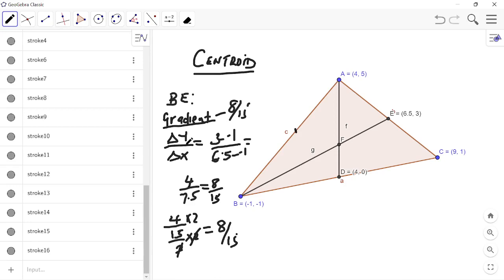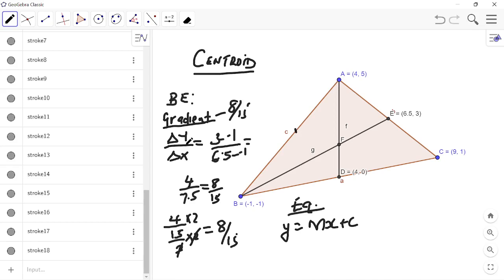So we can easily get the equation of this line. How do we get the equation of the line? We have the gradient, so you say y equals mx plus c. Which means that you can pick any easy coordinate.